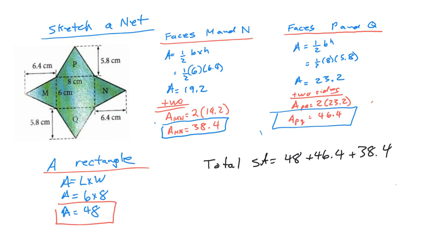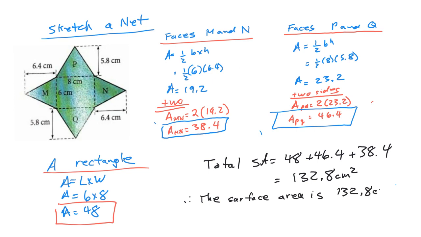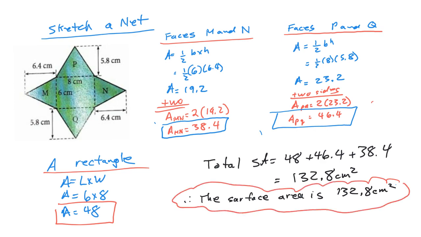And you end up with the total surface area equaling 132.8 centimeters squared. So you're going to say therefore the surface area is 132.8 centimeters squared. And you'll notice that every time we do this, the surface area is always squared.